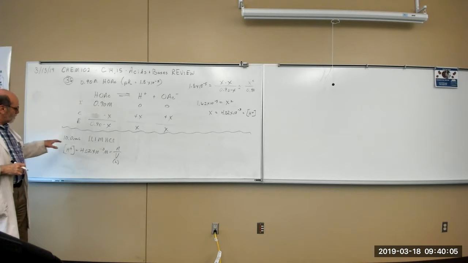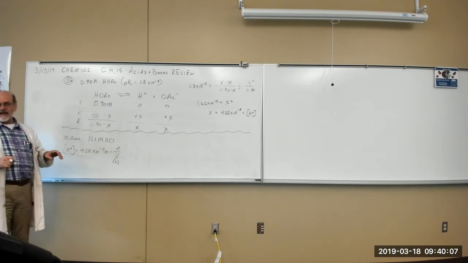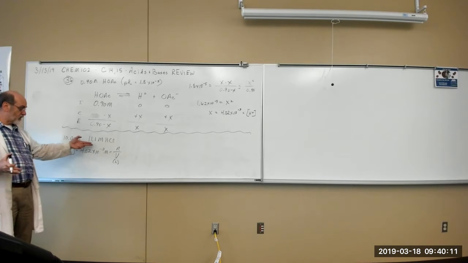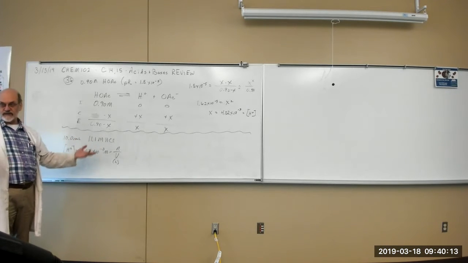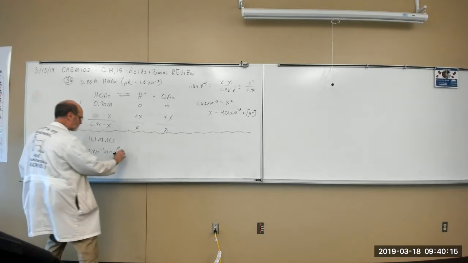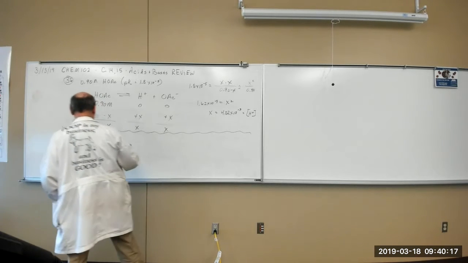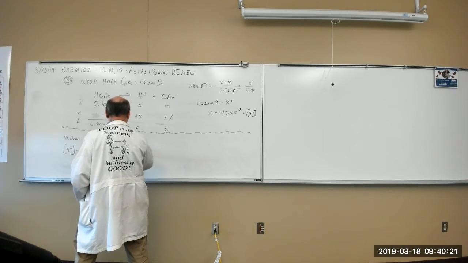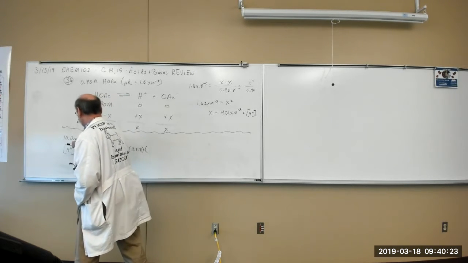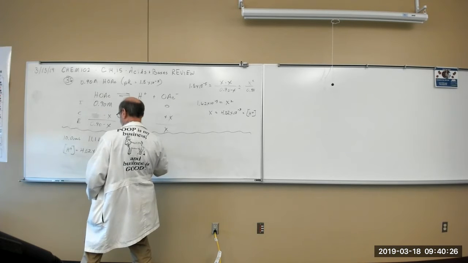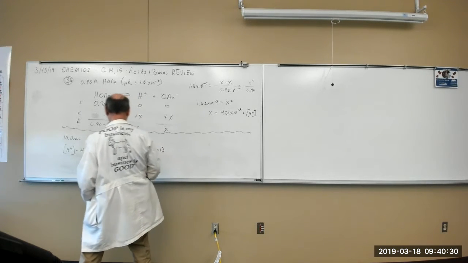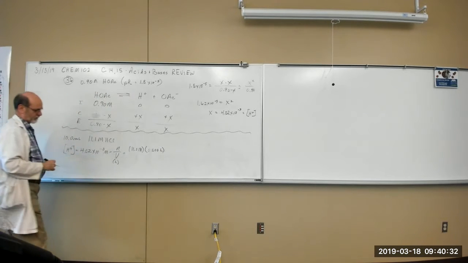So how many moles of HCl do we have there already? Right, because we're going to dilute it, and we're not going to change the number of moles of HCl. That's going to be the same. So the moles of HCl is going to be 11.1 molar times 0.010 liters. Right?